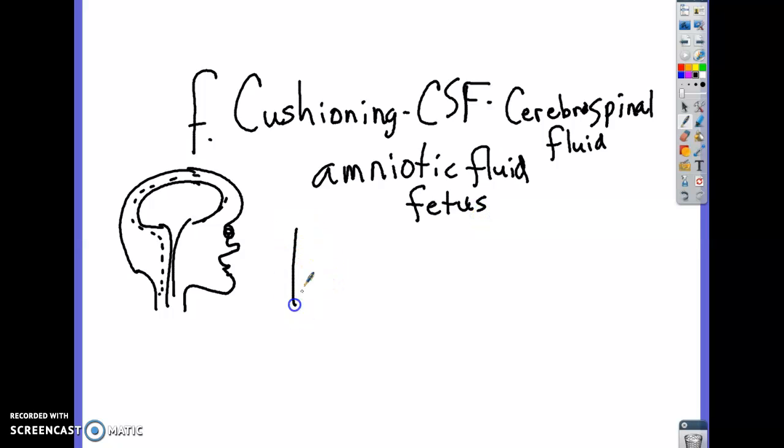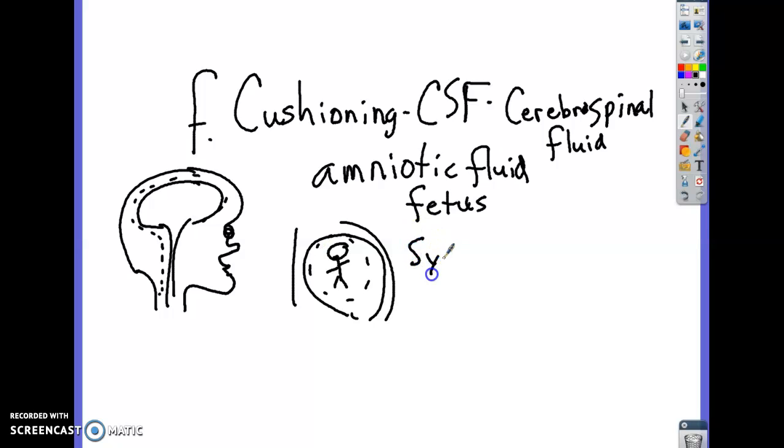Okay, if this is the woman, here's the womb, and then you have the baby in here. I'm just going to draw a little stick baby. Same kind of principle. You've got this amniotic fluid here that kind of cushions it. So if the mom gets jostled a little bit or something, the baby will be protected. Once again, if the mother gets hit hard enough, then it may not be enough to protect it, but at least it gives it cushioning for that.